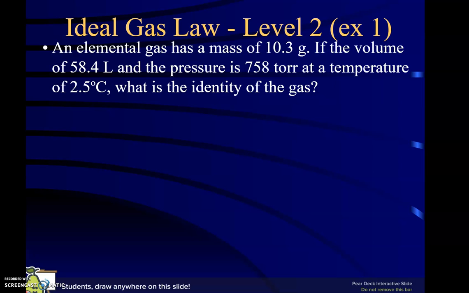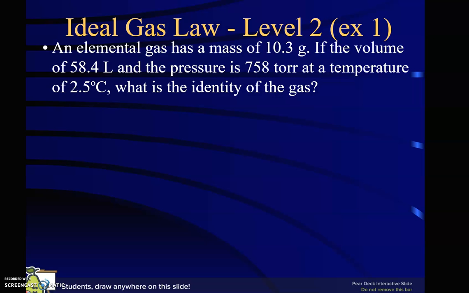Okay, so let's take a look at this first problem here. It says an elemental gas, pretty important, an elemental gas has a mass of 10.3 grams. If the volume is 58.4 liters and the pressure is 758 torr at a temperature of 2.5 degrees Celsius, what is the identity of the gas?